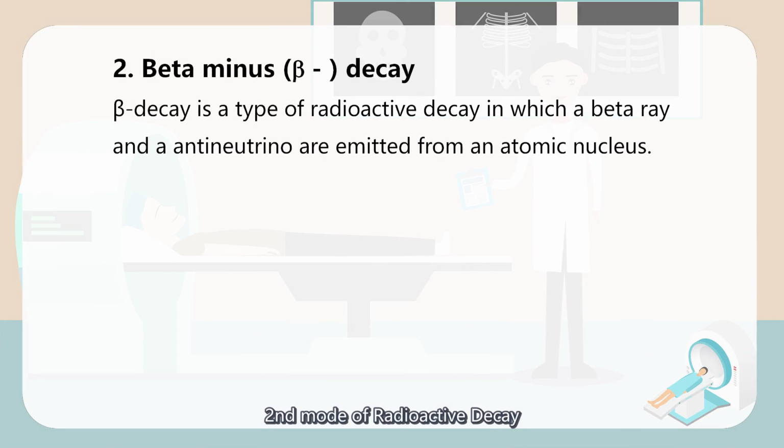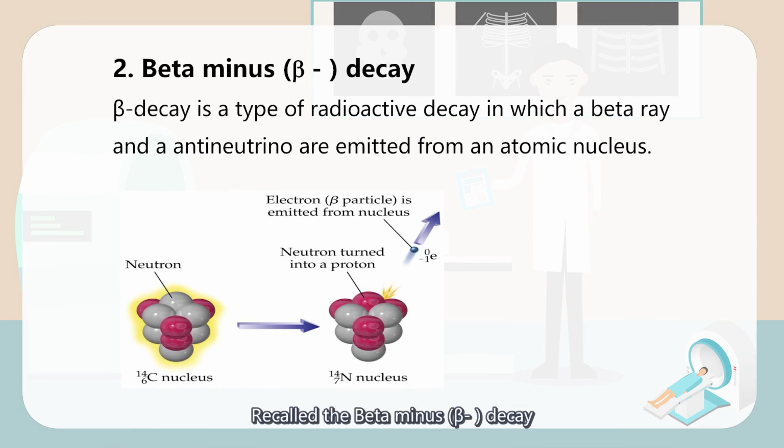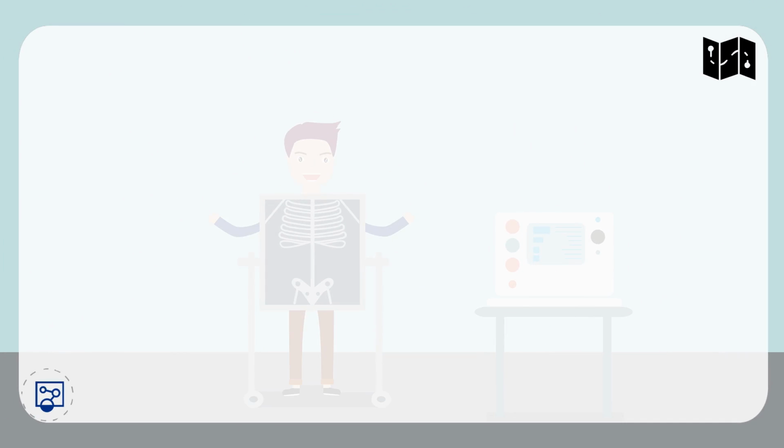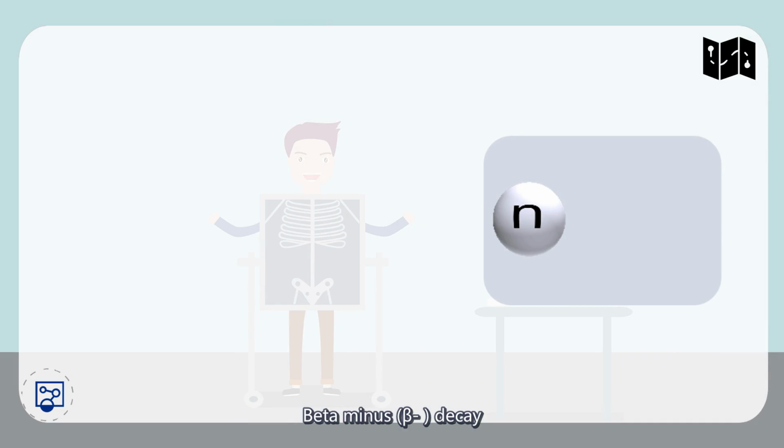The second mode of radioactive decay we call beta-minus decay. Beta-minus decay is a type of radioactive decay in which a beta ray and an antineutrino are emitted from an atomic nucleus. Beta-minus decay occurs in very neutron-rich elements.